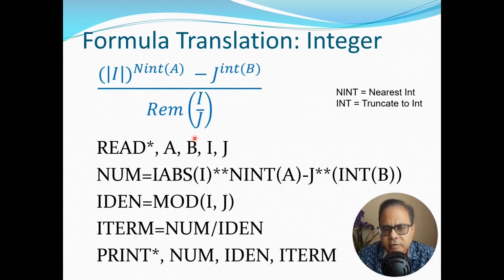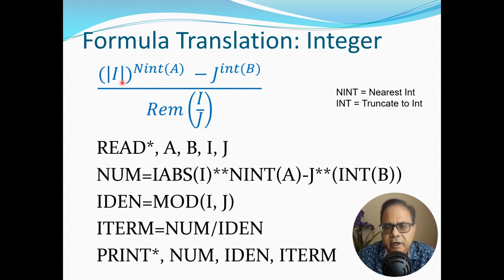Now let us look at something which is actually based on integers, and here I'm going to use two functions. I'm trying to create this particular problem to illustrate these two functions, and these are nint and int. So what nint does, it's going to take some real number and get the nearest int value, and int is going to truncate it to the int value.